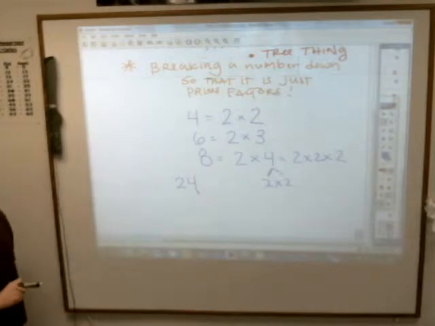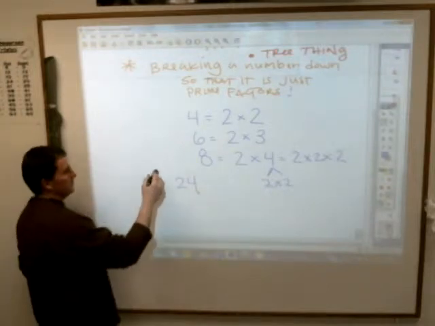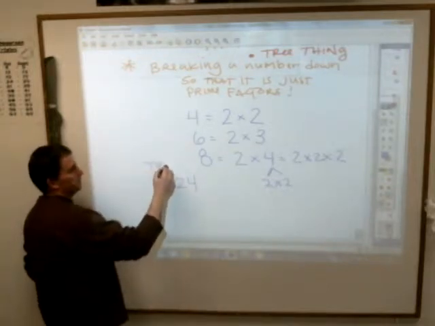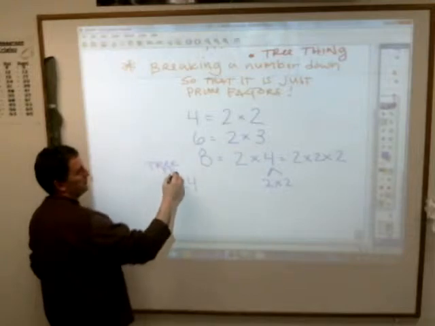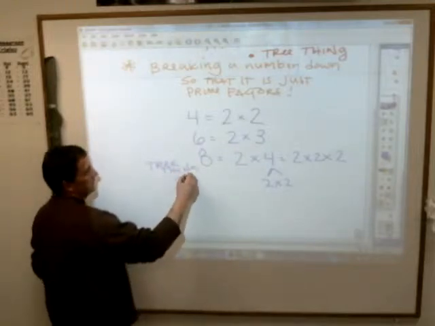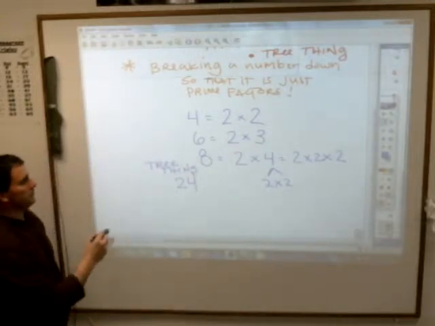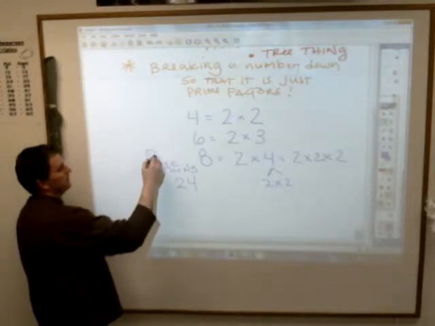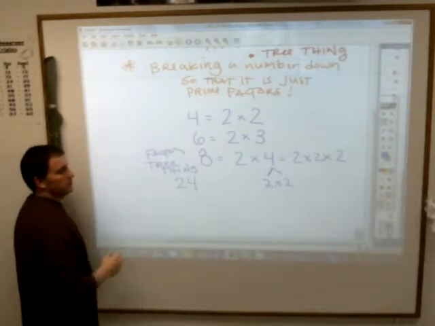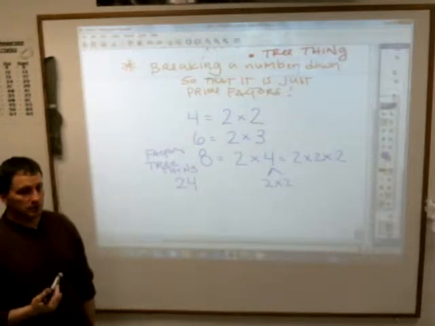Now, when you do 24, there are 2 methods to do this because we're going to start doing bigger numbers. One of them is the tree thing. That's that whole factor tree thing. And the reason it's called a factor tree is because when you do it, it looks a lot like a tree.